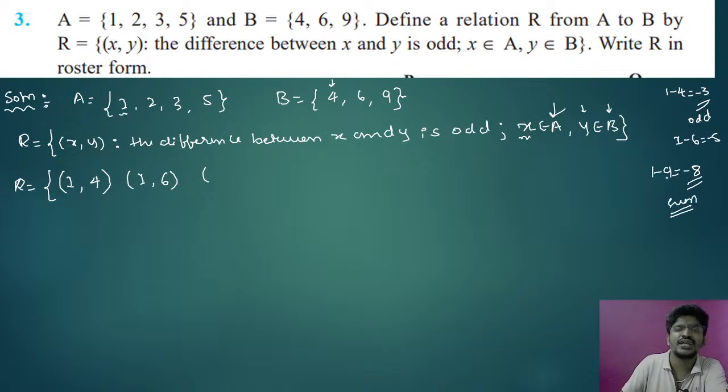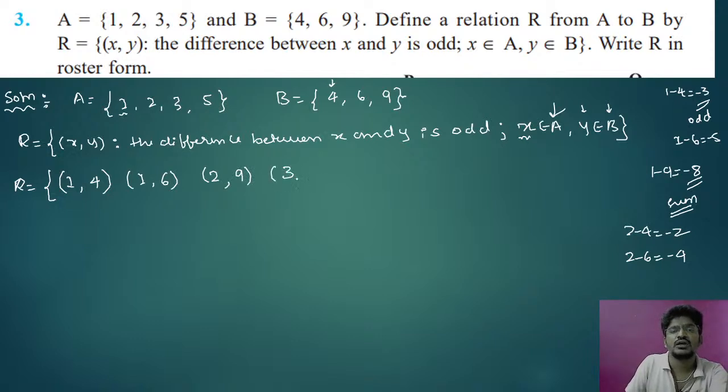Now I will go for 2. I can't write 2 comma 4 because 2 minus 4 is minus 2, that is even. So that's why I can't write that. 2 comma 6 also I can't write because 2 minus 6 is minus 4. 2 comma 9 I can write, no problem, because you are going to get minus 7.